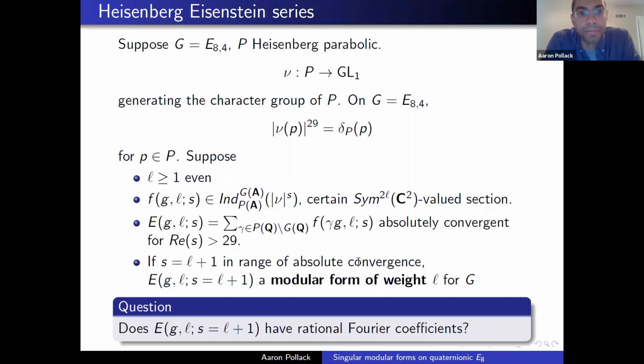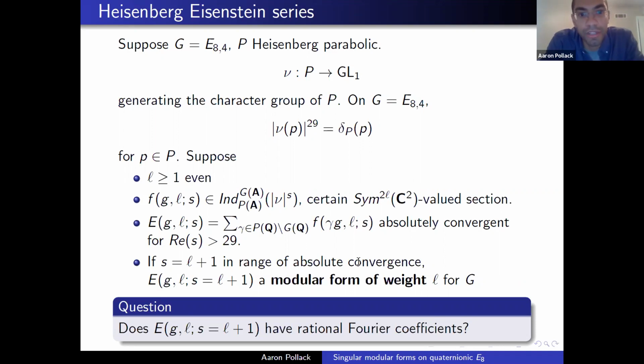So fix an even integer L, at least 1, and denote by f of g, l, s a section of this induced representation, the particular section which is spherical at every finite place. At the Archimedean place, it's a special Sym to the 2L valued section. Then you can create an Eisenstein series out of this section, and if the real part of s is sufficiently large, then it converges absolutely.